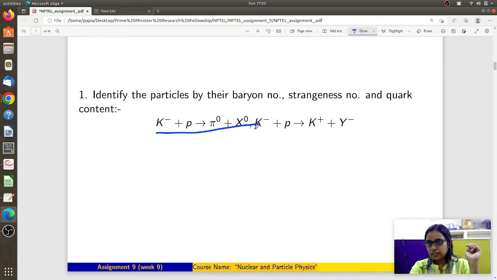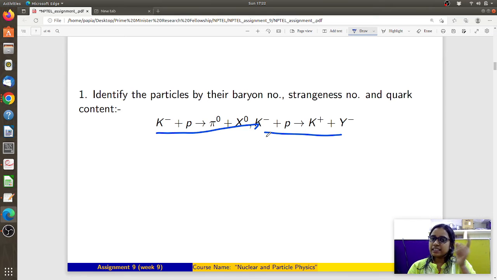The first is K minus plus P goes to pi 0 plus x0. This interaction has an unknown particle, x0. We have to find the baryon number, strangeness number and quark content for x0.